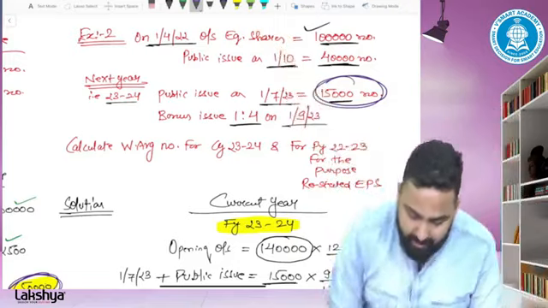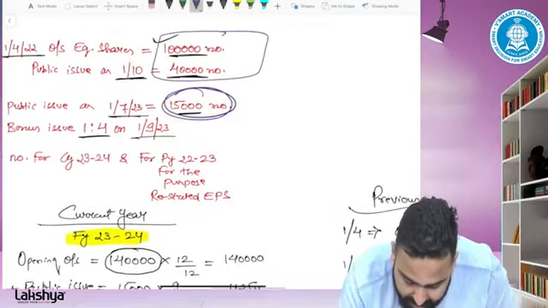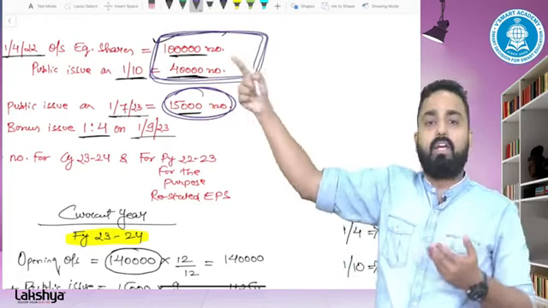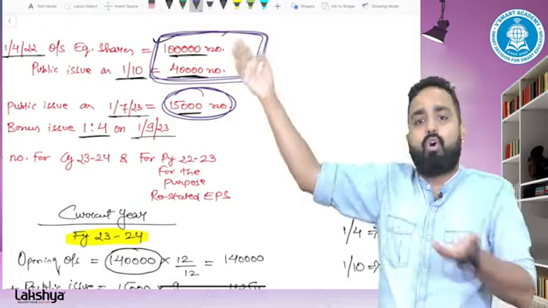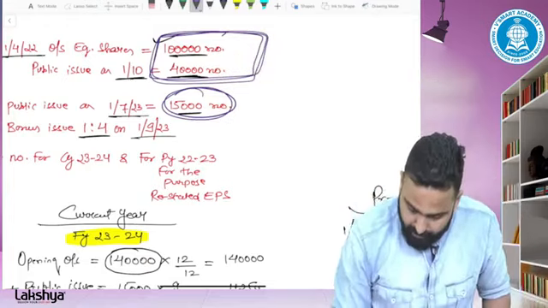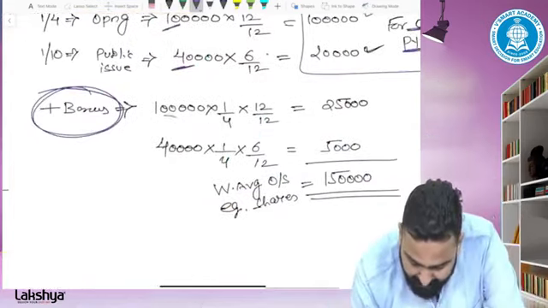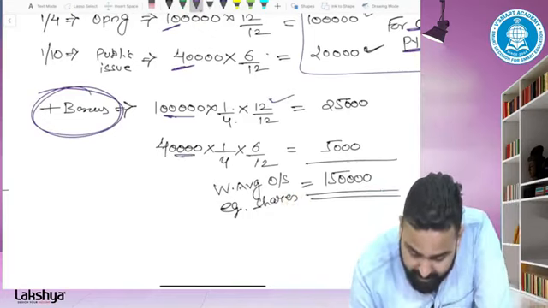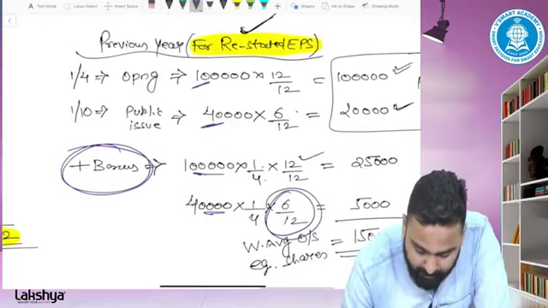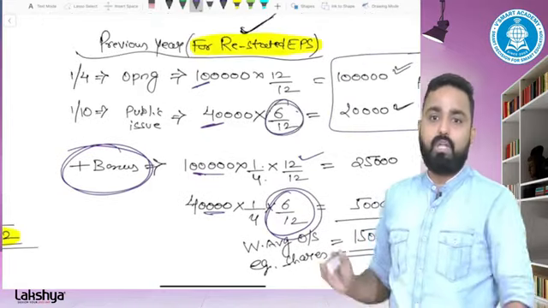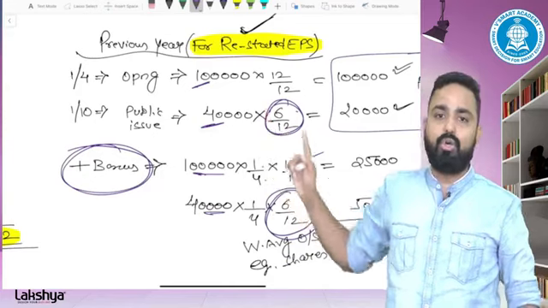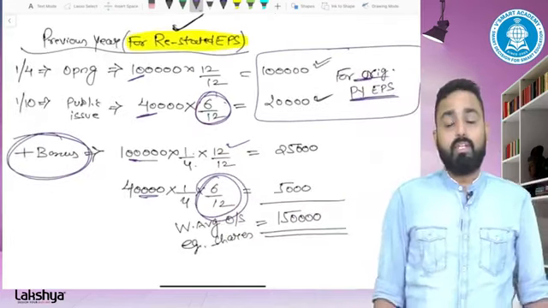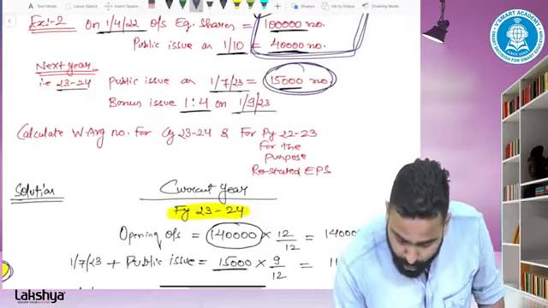What was available in the last year? Only 1 lakh and 40,000 was available in the last year. So the bonus will be considered on the last year portion. So 1 lakh 1/4 12/12 because it was on the opening. 40,000 1/4 6/12. Why 6/12? Because the public issue was 6/12, so the bonus part on public issue will be the same 6/12. Sir, what about this public issue of 15,000?